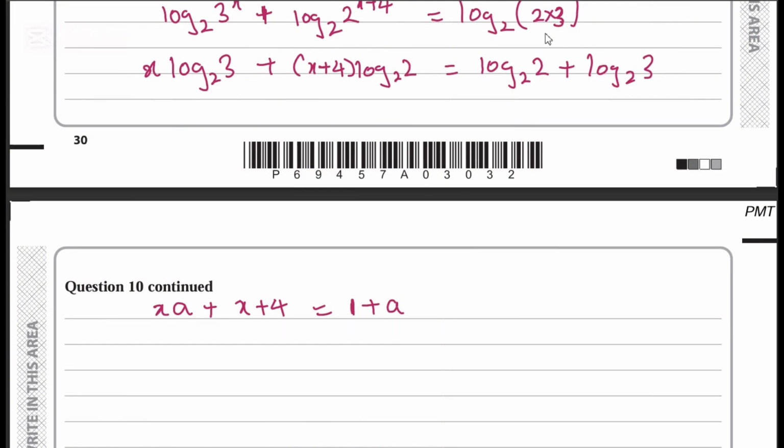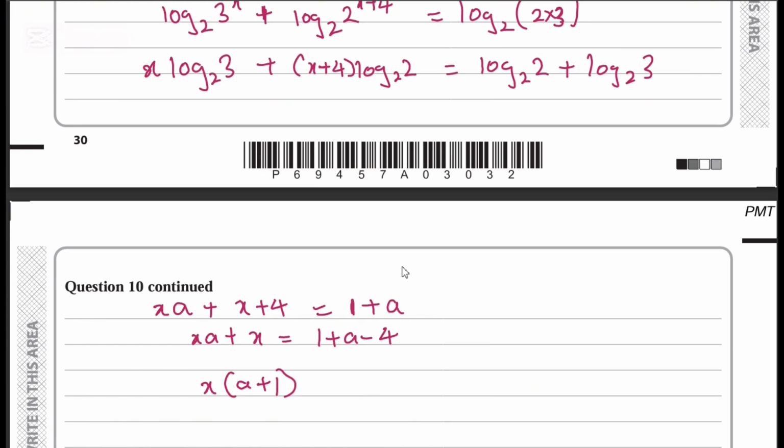Now I have to find x, so I keep all the x terms on one side and take everything else to the other side. So I have xa as one x term and simply x as another term, so I'd be taking 4 to my right hand side. So on my left I'm left with xa plus x, and on the right I have 1 plus a. When 4 comes over, it will be minus 4. And in here, when I factorize x out, I'd have remaining a plus 1.